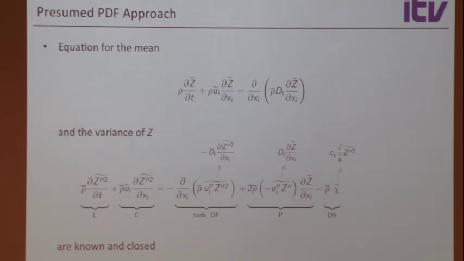Turbulent transport has no source term, so we can just use a gradient transport model. So this term is closed. Here we have a scalar flux. This is the scalar flux of the variance. This is the scalar flux of the mixture fraction itself. So we can also use a gradient transport model to close this, and then here we have the dissipation rate.